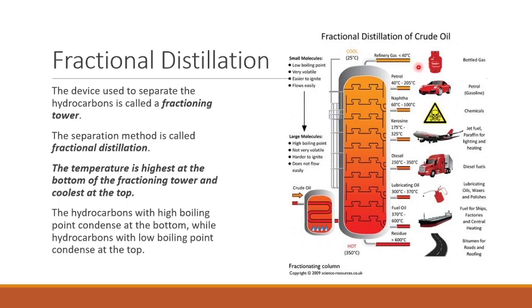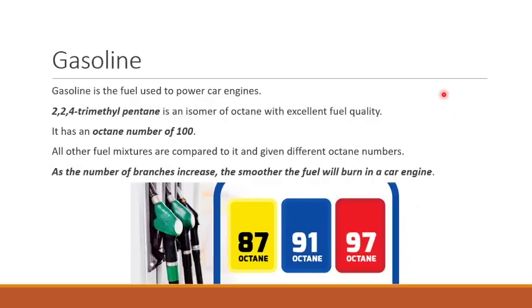So we separate these components based on boiling points. The component which has the highest boiling point will condense, turn into a liquid at the bottom, and we get it from the right as a liquid. The components with lower boiling point, let's say petrol, they condense at the top, so they turn into a liquid at the top of the fractioning tower, and we get them to the right.